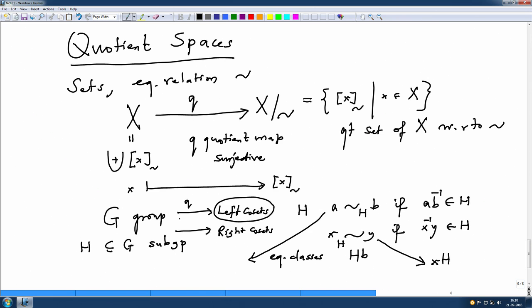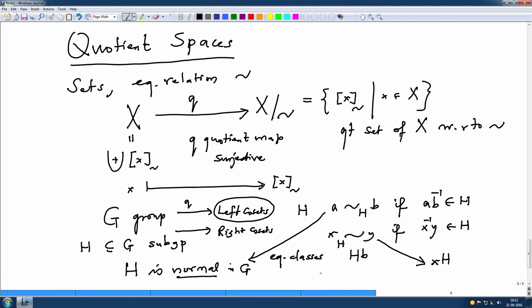Then only it is useful, because you would like to pass on from G to this, and this does not always happen. If one analyzes this, you come to a condition that H is a so-called normal subgroup. This condition is always true for abelian groups.